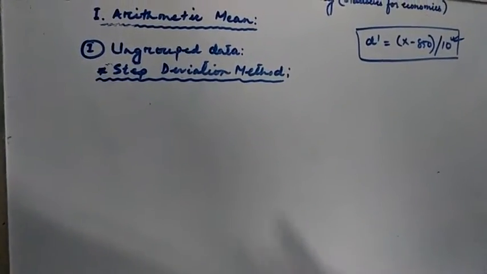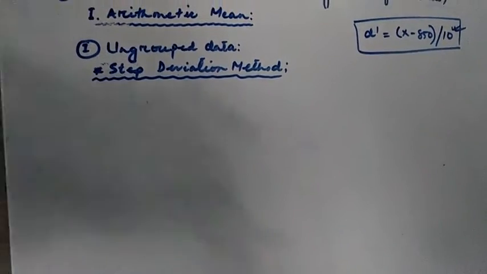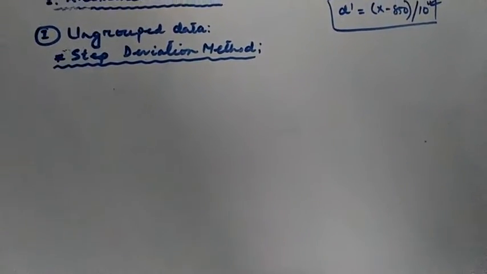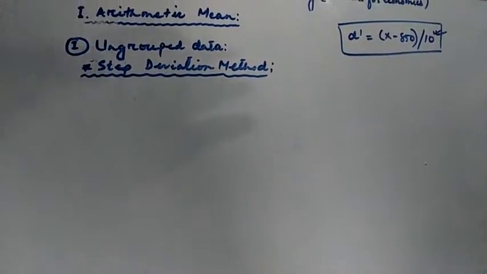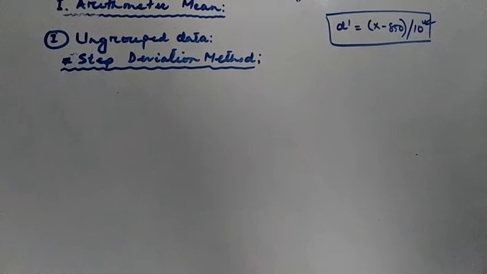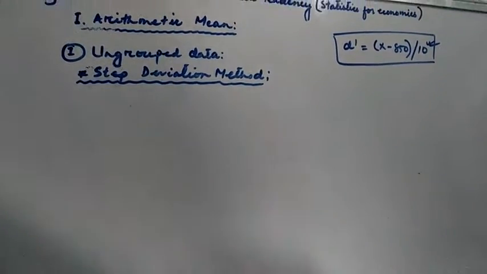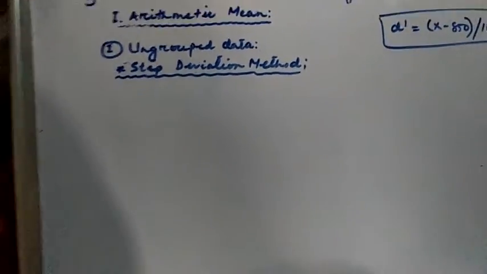The next method that we have under ungrouped data, and the last method, is the step deviation method. It is similar to the assumed mean method, but if you want to make it simpler and more brief, you can use the step deviation method.